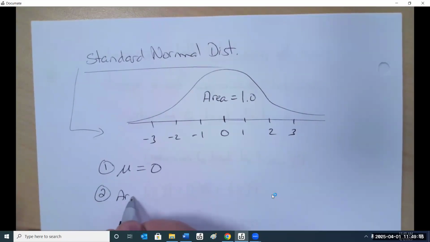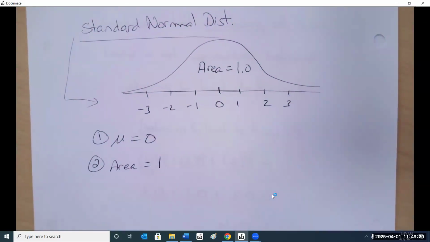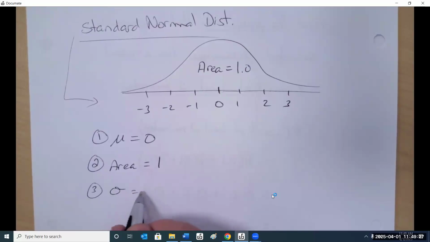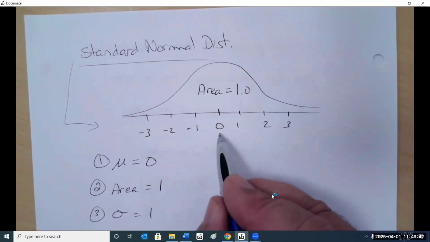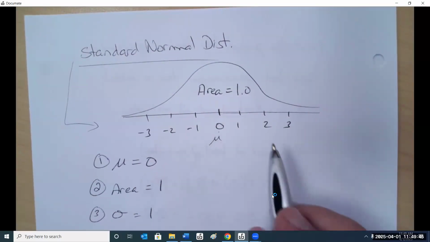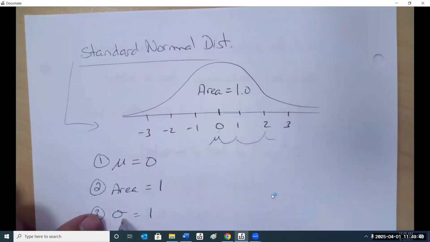The area equals to 1. Each standard deviation equals 1. You see, so here's your mean. So 1 standard deviation, 2 standard deviations, 3. So all your standard deviations are all 1.